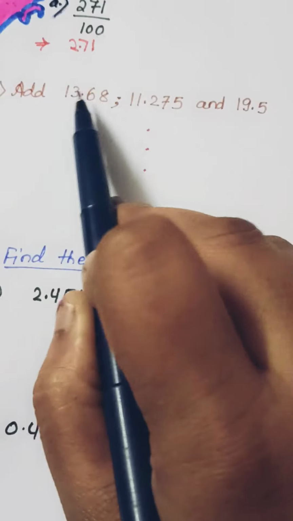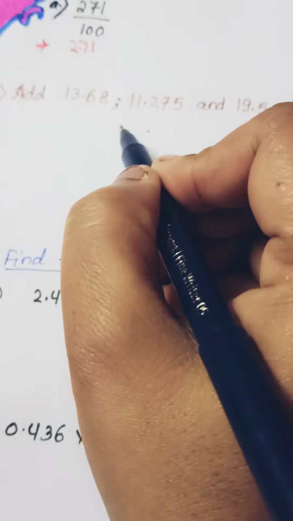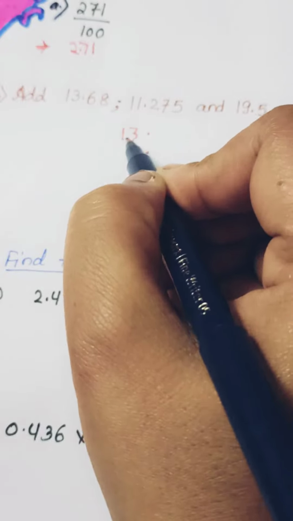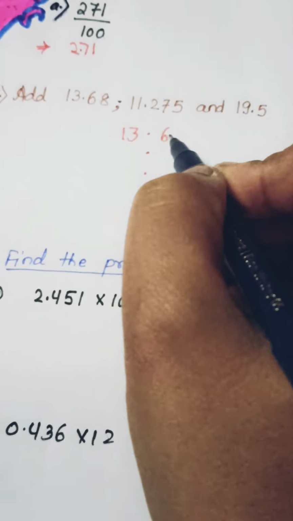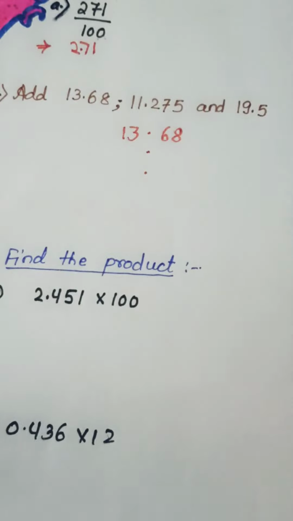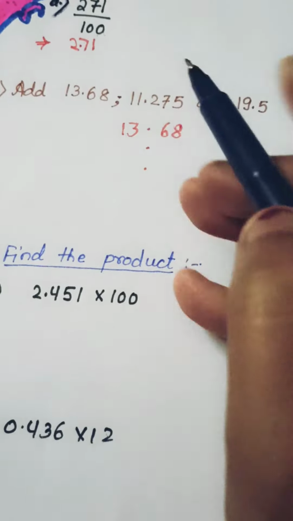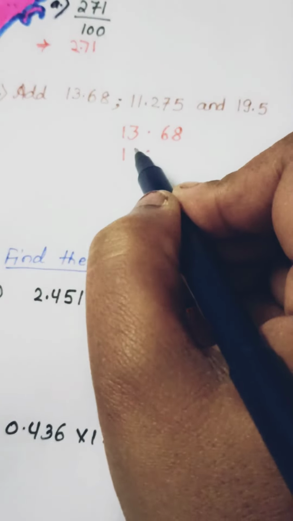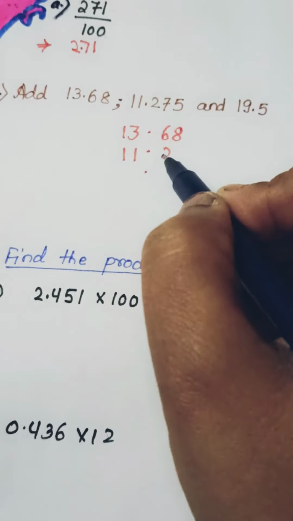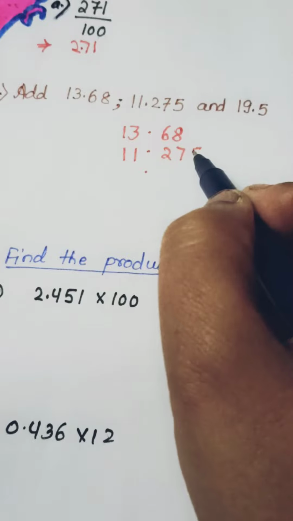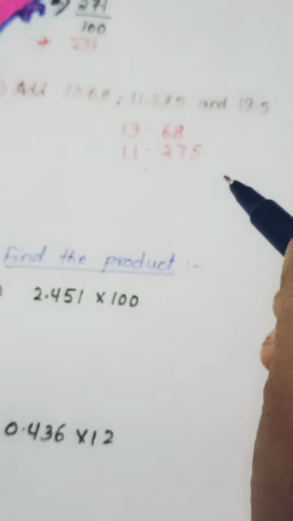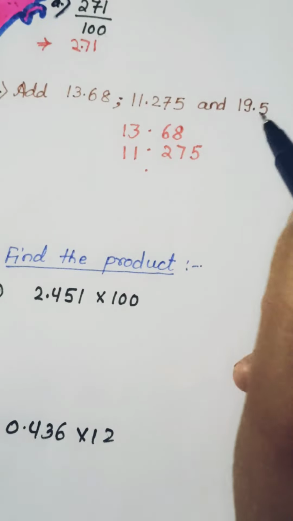Okay, take the first number. It is 13.68, right? Then we have 11.275. So write down 11 before the decimal, and after the decimal write 2, 7 and 5. The next number we have is 19.5.